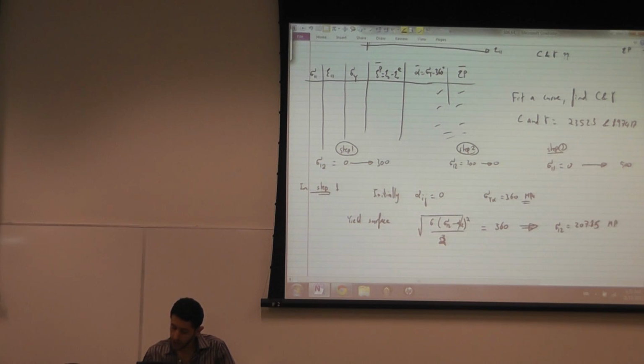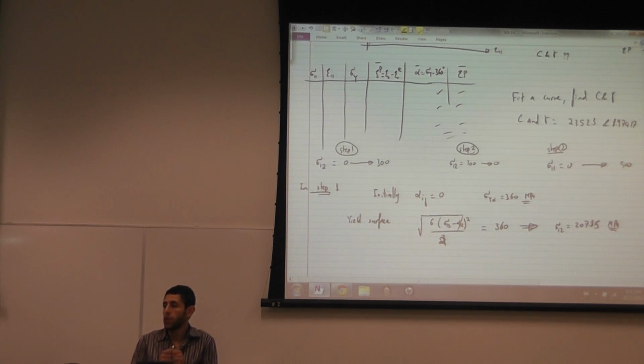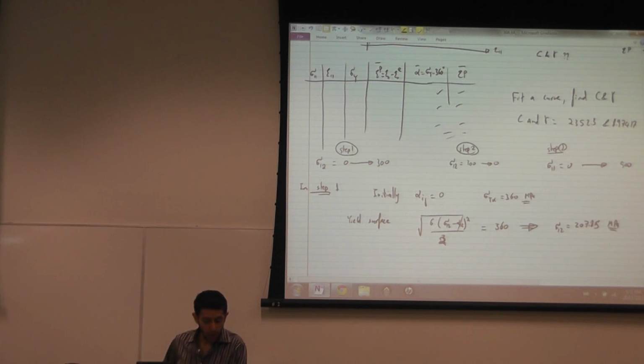So the initial yield happens when sigma 12 is equal to 207.85. Once we reach that point, the yield surface will start moving, and I'm going to start developing plastic strain according to the equations.